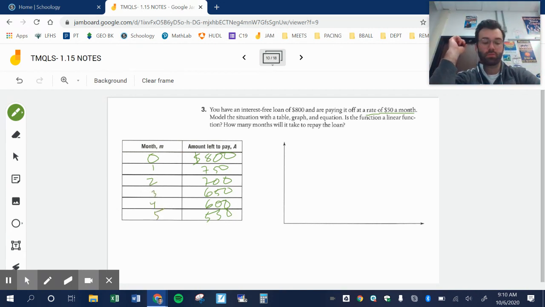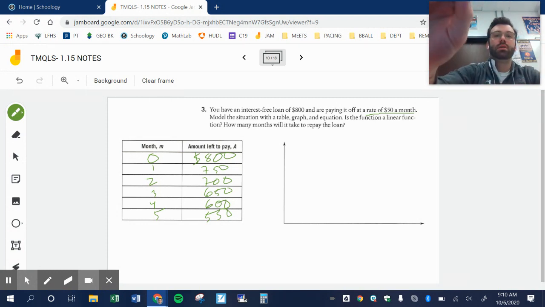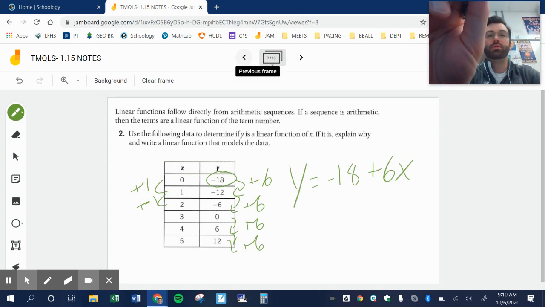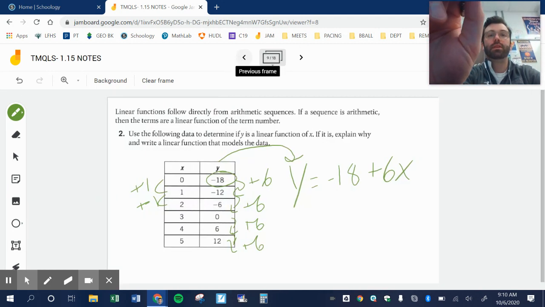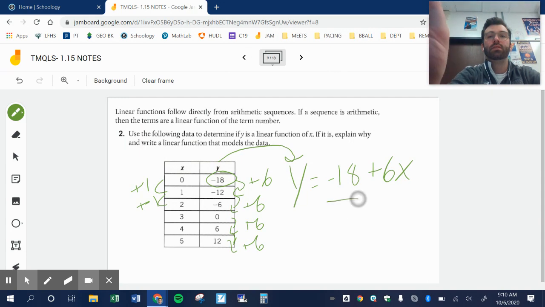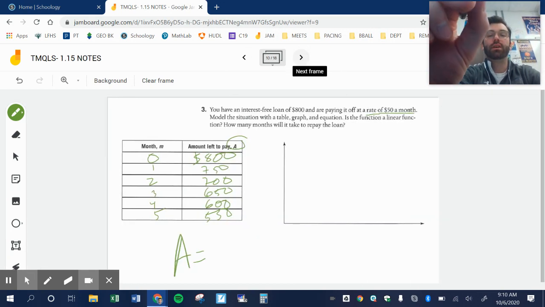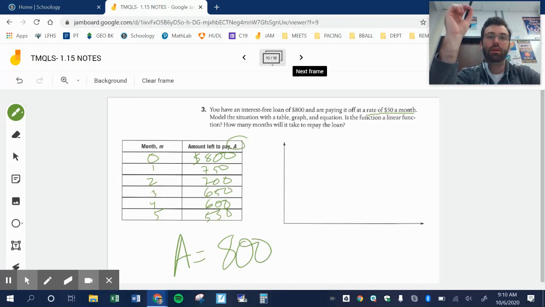So let's use our letters. Our dependent variable, which is here, is A. Remember, our dependent variable here was y, so it became A. So this is going to be A equals. Our starting value there was negative 18, so I wrote that first. Our starting value here is 800, so I'll write 800. What is my rate?